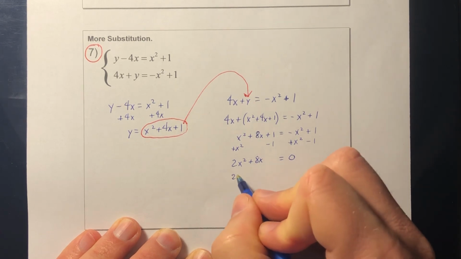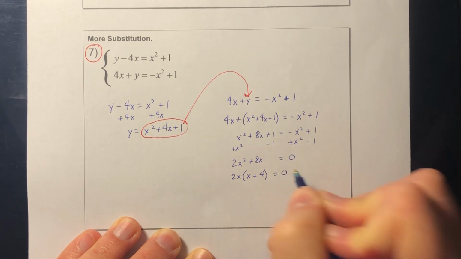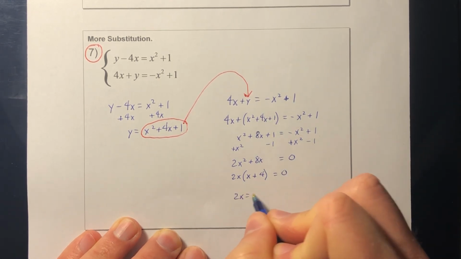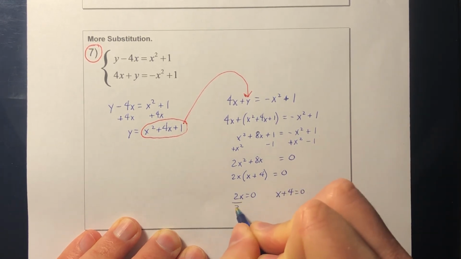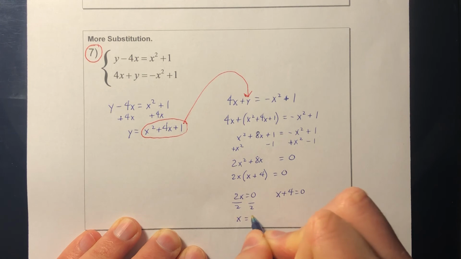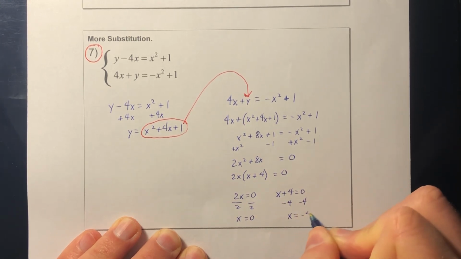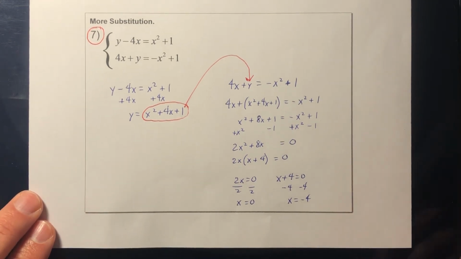We can factor our GCF. Okay, factor out your GCF. Set each factor equal to 0. So x equals 0. x equals -4.